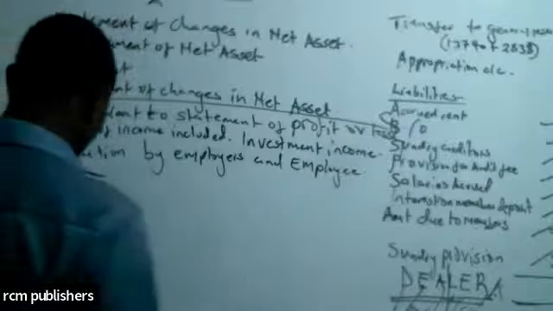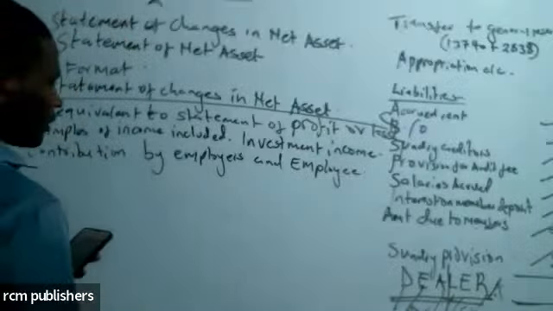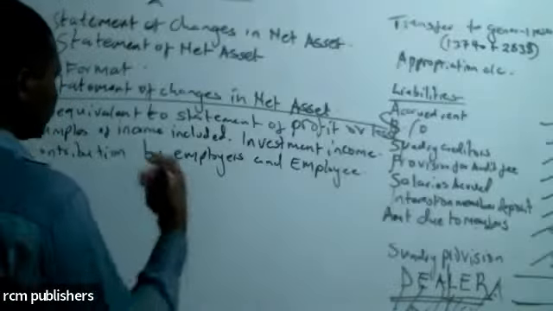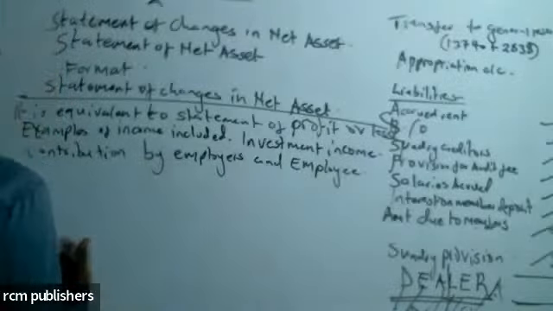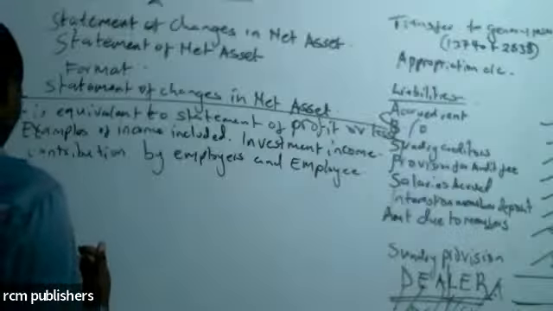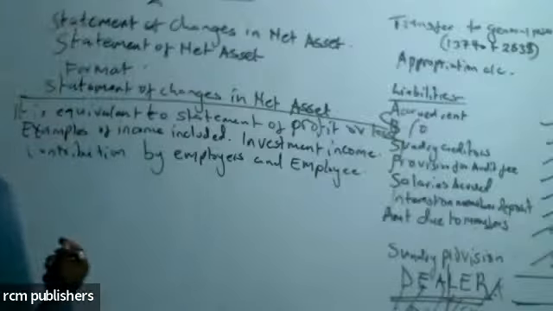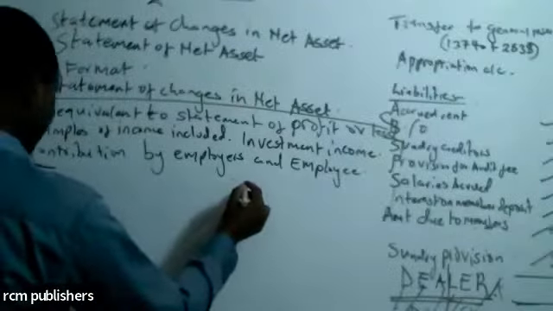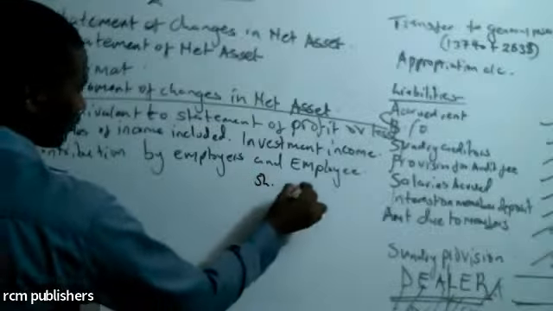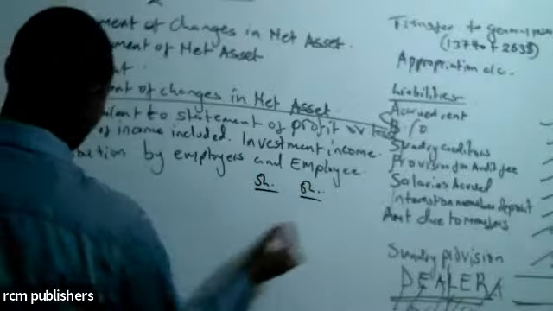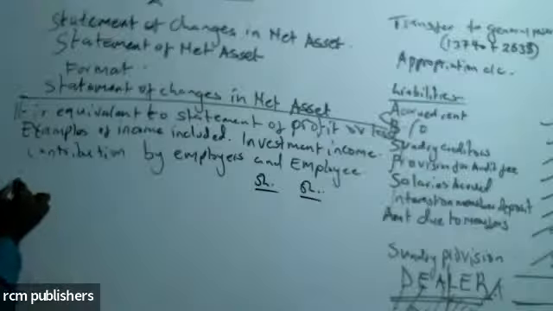In the long run, it is a benefit to the employees. All right, so the format is just income and expenditure. So you can have incomes.